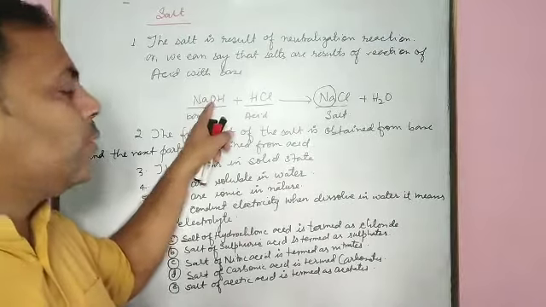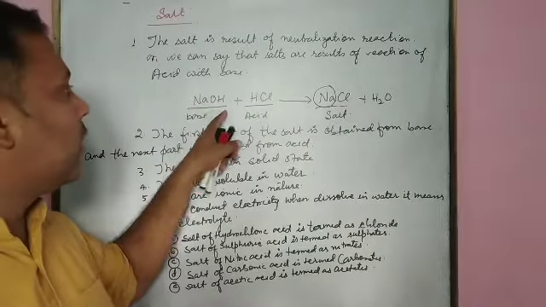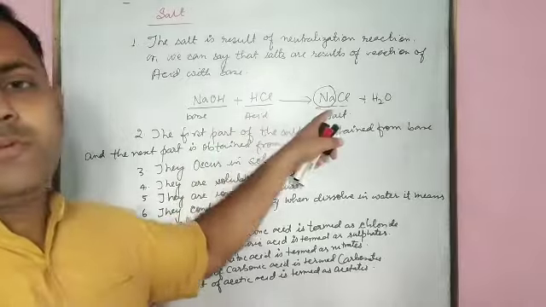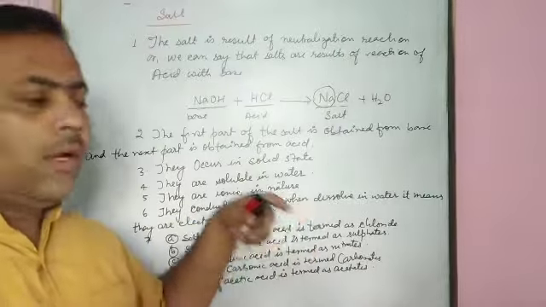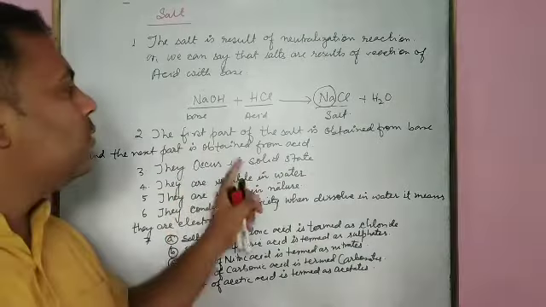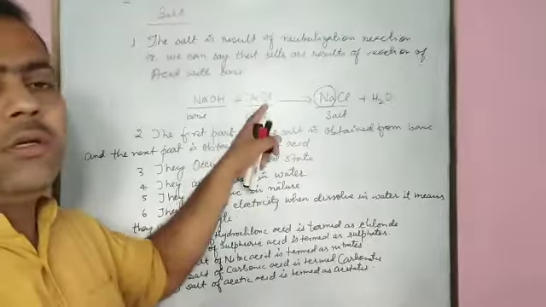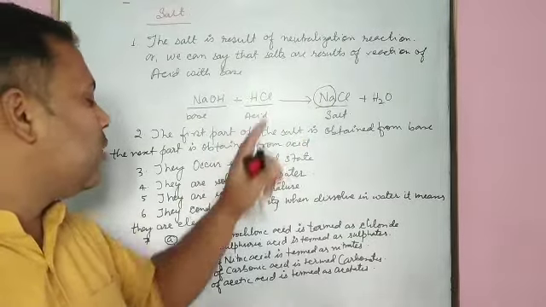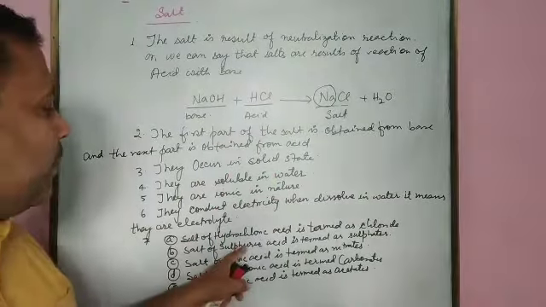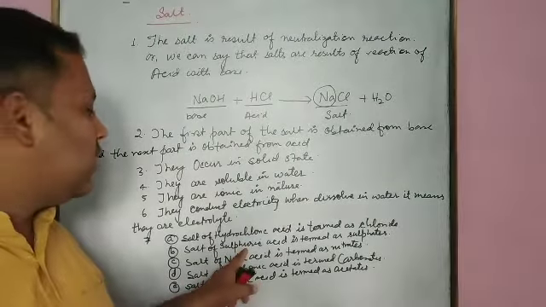If magnesium hydroxide reacts with hydrochloric acid, it forms magnesium chloride. That is also termed as chloride salt. It means if salt is produced as a result of neutralization by hydrochloric acid, then that is termed as chloride salt. If the salt is the result of neutralization by sulfuric acid, then it is termed as sulfate.